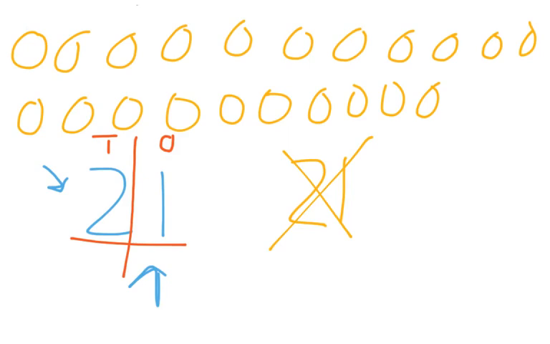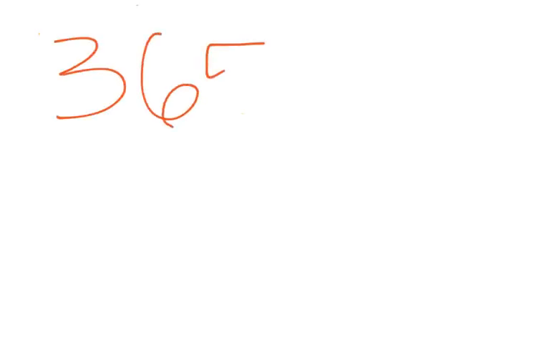Okay? So let's go to this last example. 365. Wow, that is a big number. So let me erase this really quick. 365. Now, again, I said that regardless of what is in other place values, we are looking at the ones place. So, 365.